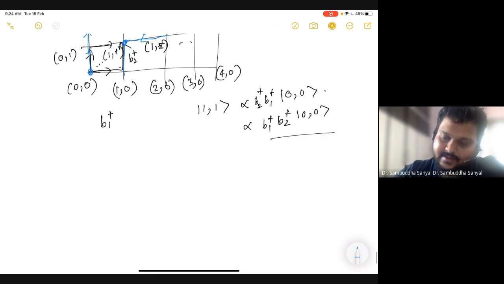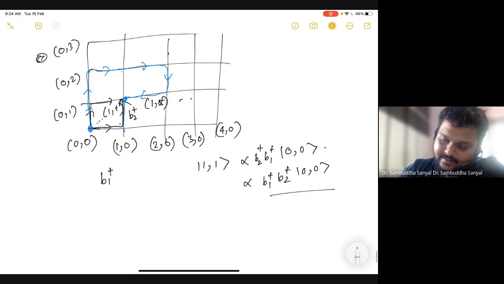And that will be 1, 1: first B2 dagger, then B2 dagger, then B1 dagger, then B1 dagger, then going down. So that means B2 and then going back. So B1.